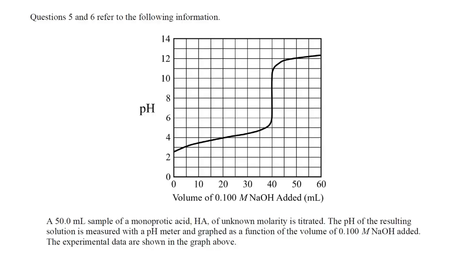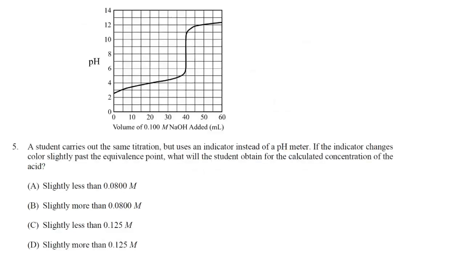All right, let's move on to the specific details of question 5. It says, a student carries out the same titration but uses an indicator instead of a pH meter. If the indicator changes color slightly past the equivalence point, what will the student obtain for the calculated concentration of the acid?